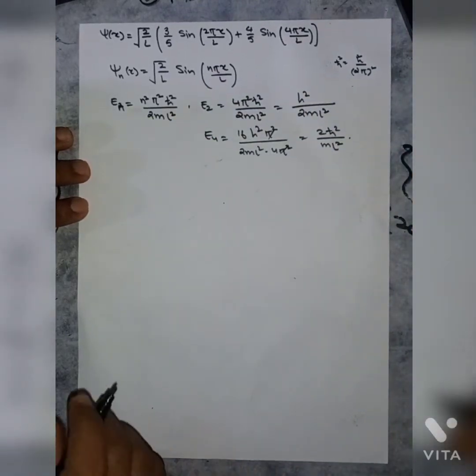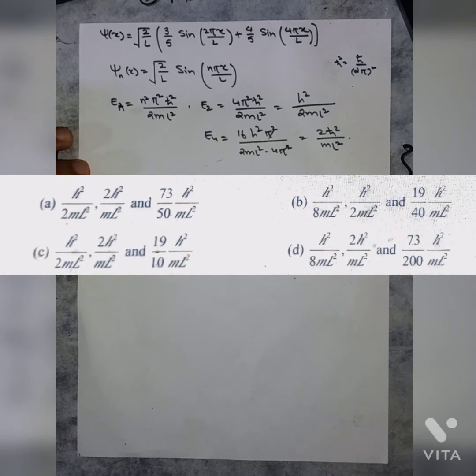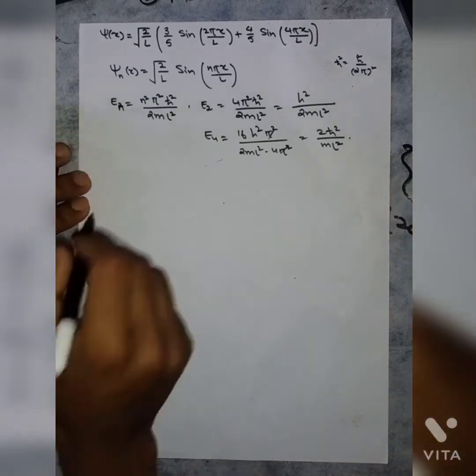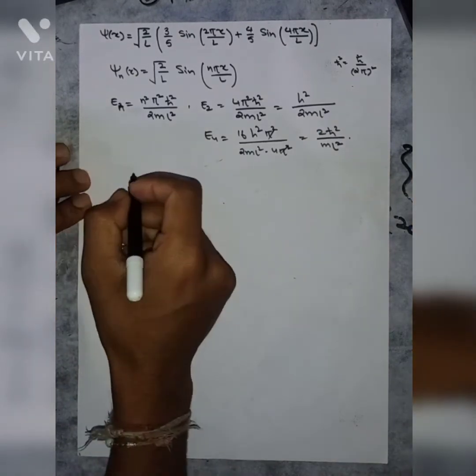So these are the two energy outcomes. Okay, if you check the options, you'll see option A and C will match, but our average energy term is yet to be found out.